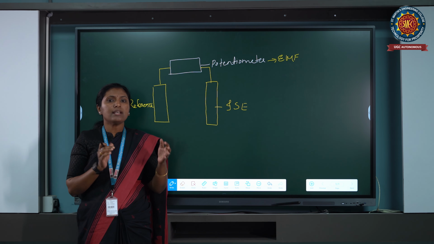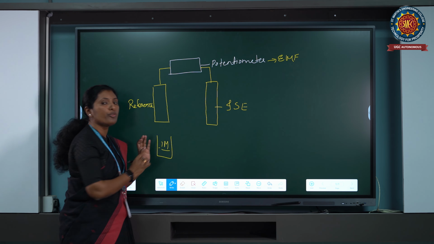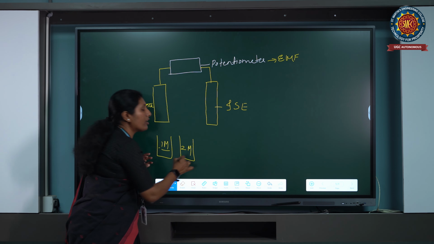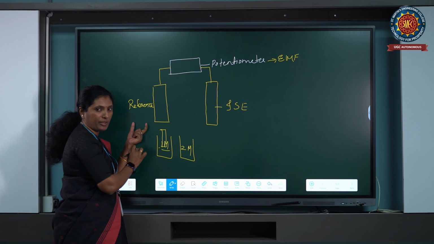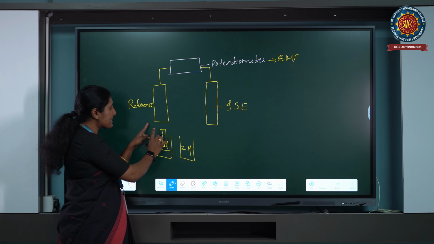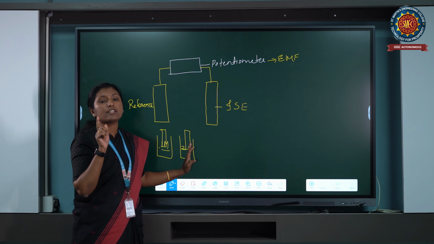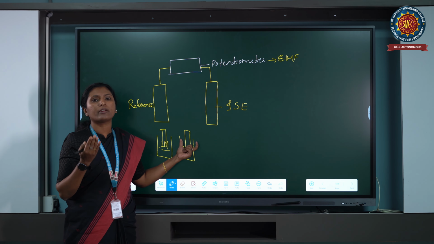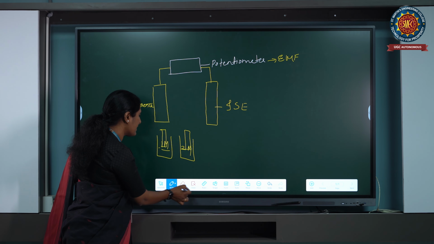Just imagine in one beaker I am taking 1 molar fluorine solution, and in another beaker I am taking 2 molar fluorine solution. I keep this reference electrode in the 1 molar solution, and the same reference electrode in the 2 molar solution. In both, it will give the same potential. Depending on the concentration or the conditions, it won't change the potential. This is known as a reference electrode.